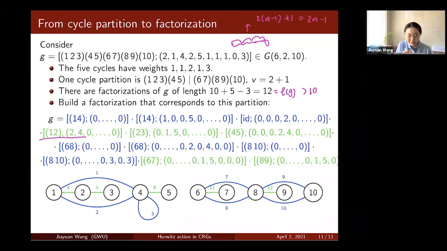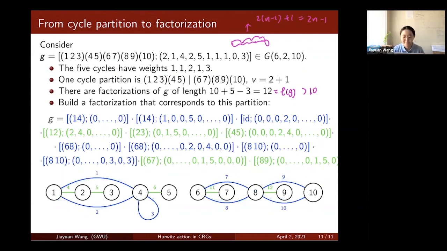So the green factors all have weight 0 because they are transposition-like reflections, and that by definition has zero weight. But in order to have non-zero weight on all the cycles, we build a diagonal element, and that corresponds to all these blue edges. All of these do is assign the non-zero weight to all the cycles.